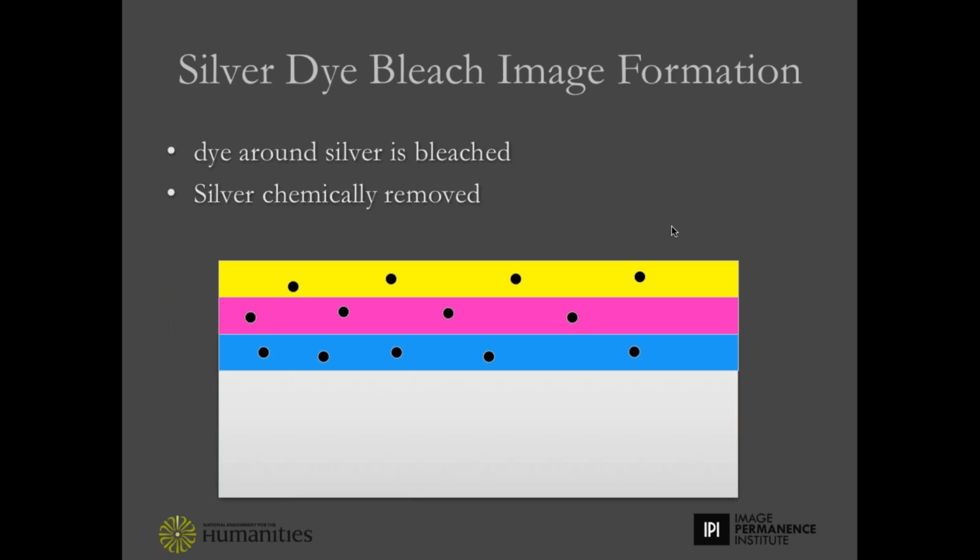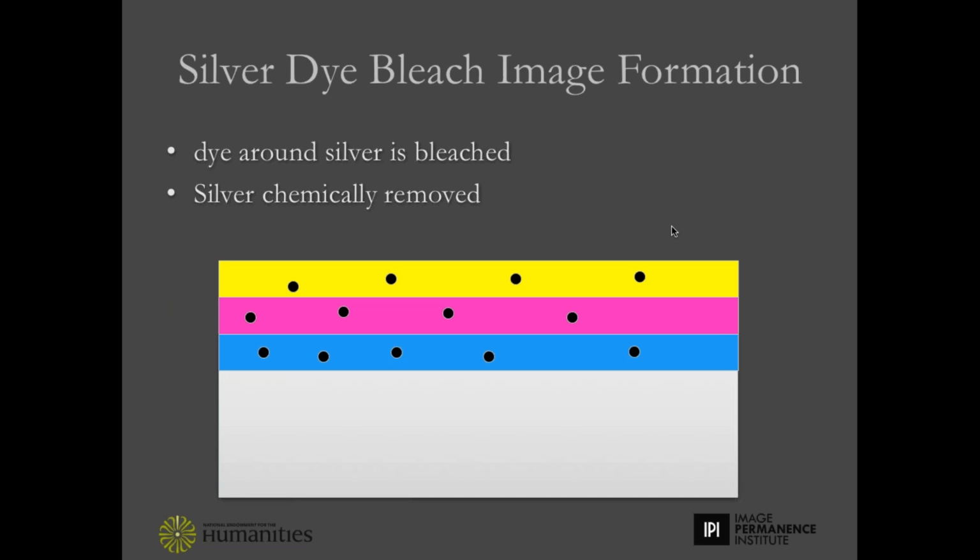The print was then placed in a bleach bath. This chemistry is really complex, so I'm going to give you the cliff notes. During the bleach stage, there's a bleach catalyst that transfers back and forth between the silver image particle and the surrounding dye molecule, which bleaches the dye image until all the dye surrounding the silver particle is removed.